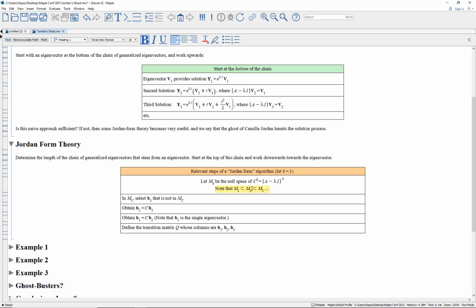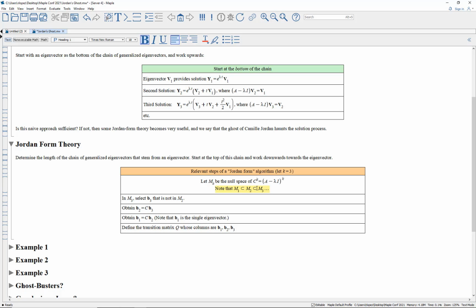It is a proper subspace of this next null space, which is a proper subspace of the next null space. You go to the top of the chain this time. At the top of the chain, you find a vector that is in this highest null space, but not in the one below. And that's a tricky thing.